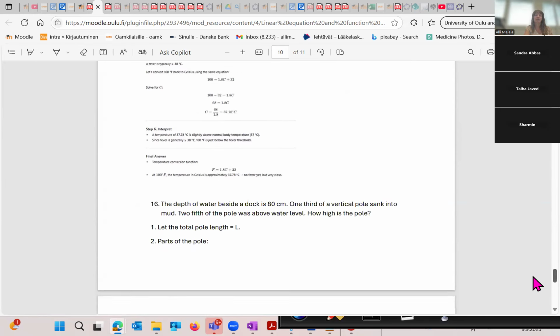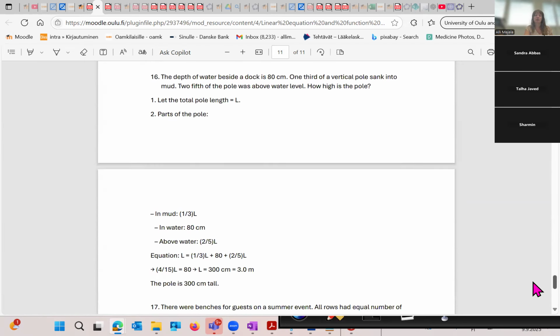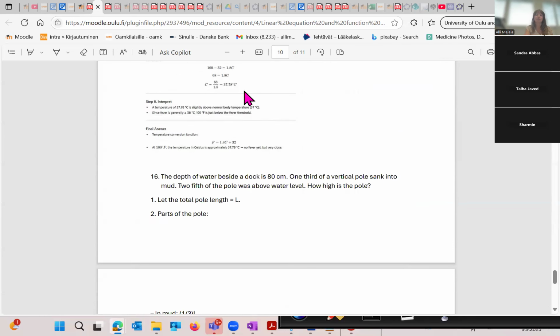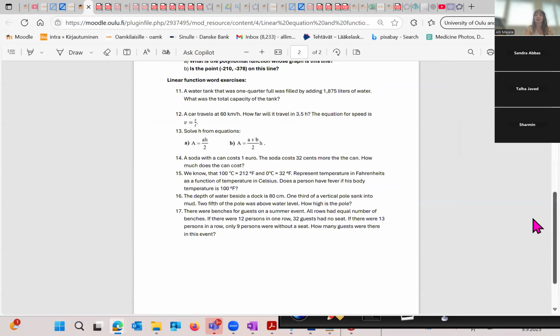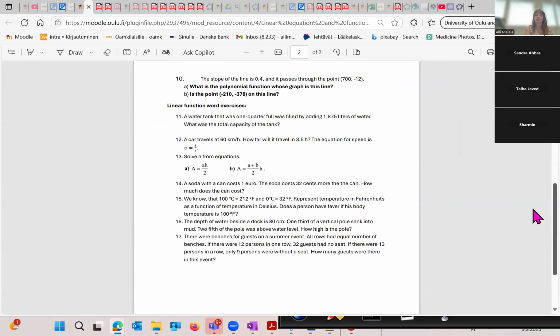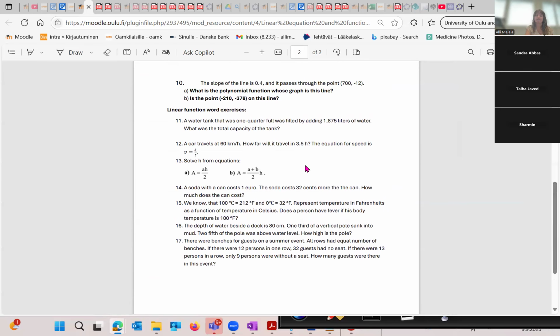So there are so many ways of using equations. For example, everybody does it a different way, even with a simple equation. We already went through this. These are not word exercises.